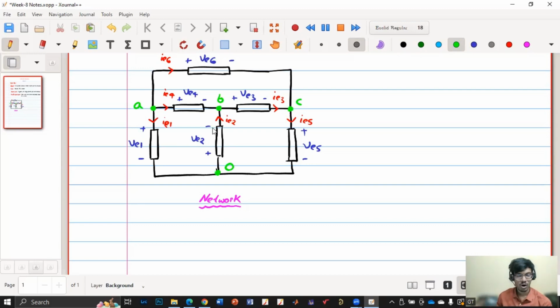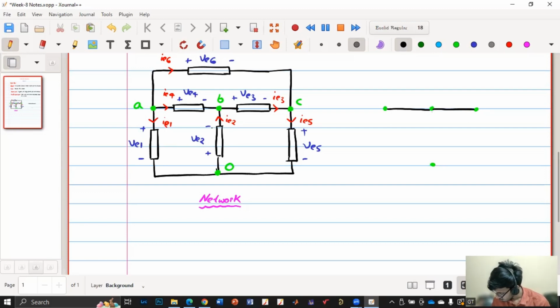So now we'll draw the graph. For the graph, first we have to draw these nodes. Say this is A, this is B, and this is C, and this is O. Now we'll just join them. So A to B we have one element, and B to C we have one element. So here it is just one-to-one mapping.